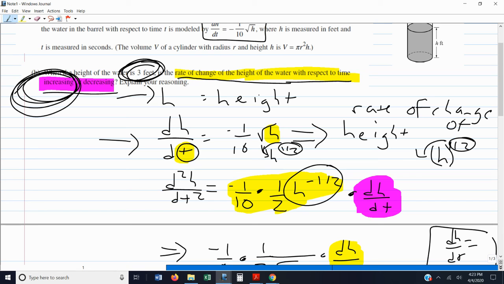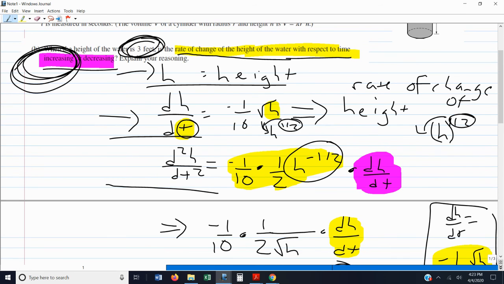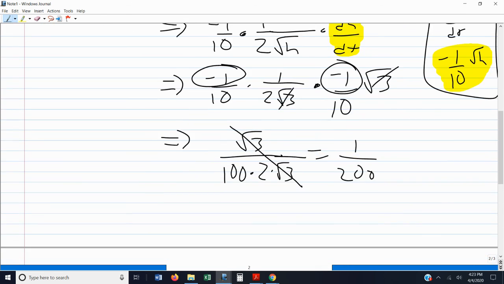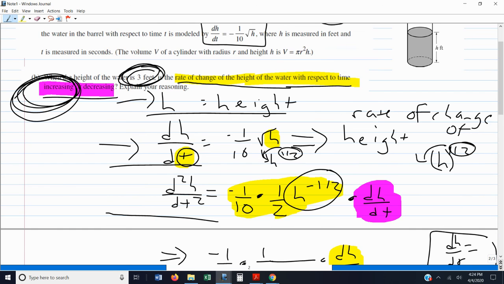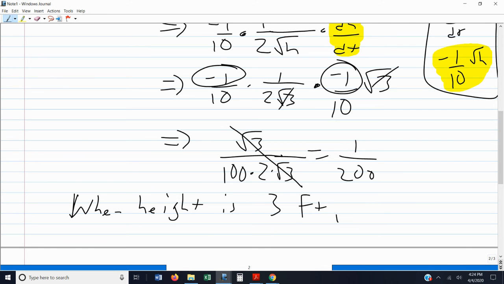And so we have to write a sentence to summarize that. So the height was 3. dH/dt is how the height is changing. The second derivative is going to be how the rate of change of the height is changing. So we would say, when the height is 3 feet, let me get my copy of this question just to see the wording here, because I'm copying from the question right now.